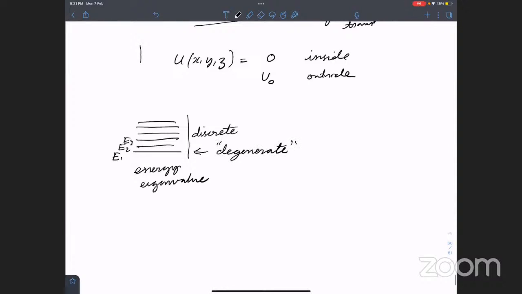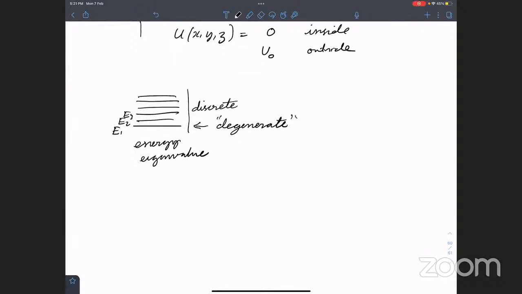The reason is that, first of all, we cannot have a degenerate state in one dimension. That's not possible. Each of these eigenstates, as we did, is characterized by a quantum number n. Actually, I can have two quantum numbers: one is the n quantum number, and the second is the spin quantum number.